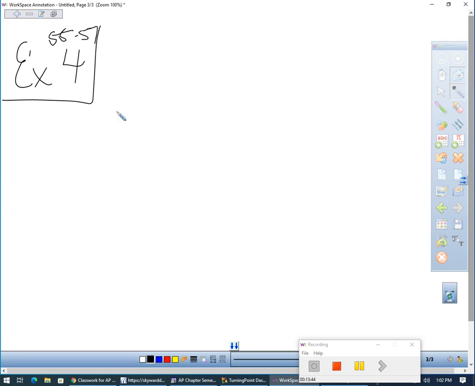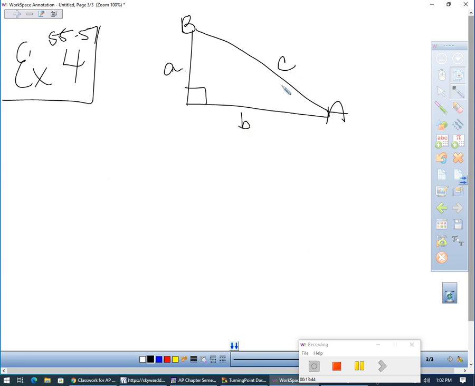You got to find the rest of it. So remember that a triangle has 2 angles, angle A and angle B. Angle C is 90. We already know that. And it also has 3 sides, A, B, and C. So if you're given 2 pieces of that, you can find the rest of it, right?